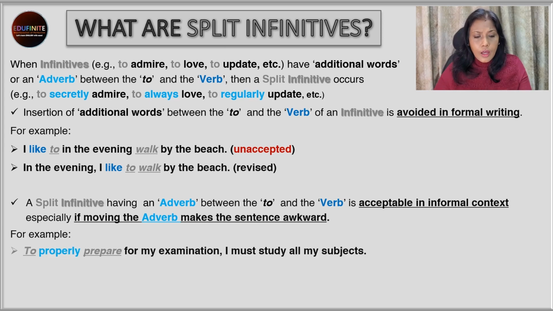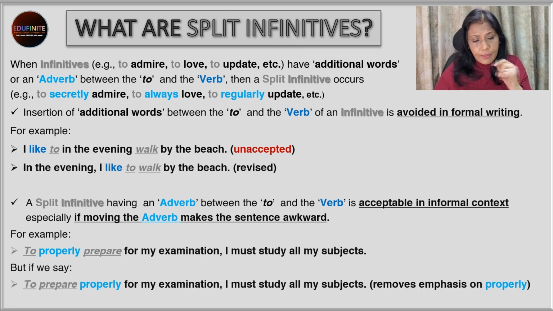For example, to properly prepare for my exam, I must study all my subjects. So here, to prepare is the infinitive and we have inserted properly, the adverb, and made it a split infinitive. And what is this word properly doing? This word is trying to emphasize how we should prepare. We should prepare properly. So the word prepare is being emphasized by this adverb. Now, if we say to prepare properly for my examination, I must study all my subjects.